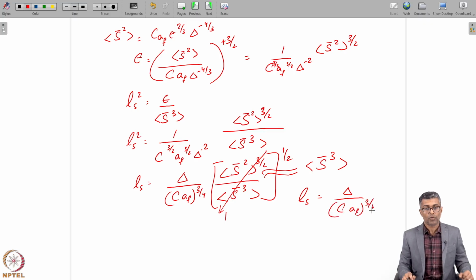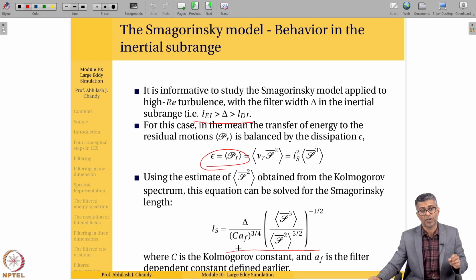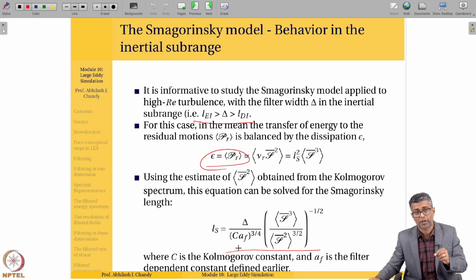Where does that leave us? We still don't know what AF is. So that's what we end up getting here, where you get delta over C AF. Now the question is, what is AF? Because C we know, C is the Kolmogorov spectrum constant, which comes out to be 1.5, a universal constant. So we know that value.